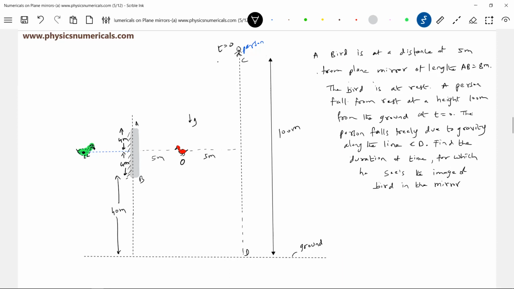So this is the image. Getting it now? Now, how to make this one? So again, we'll take help of the field of view. After reflection, the rays should diverge from the eye. Again, similar rays.